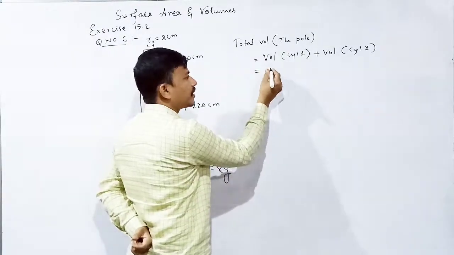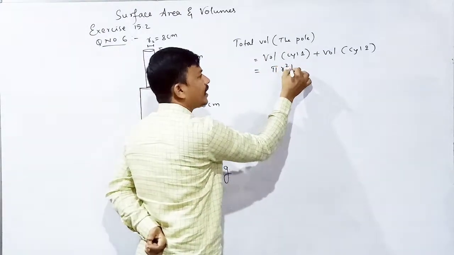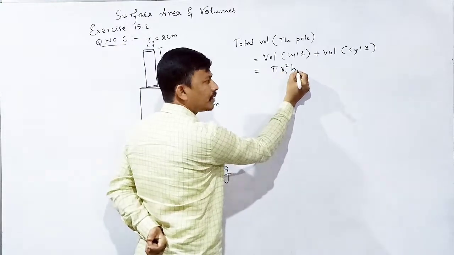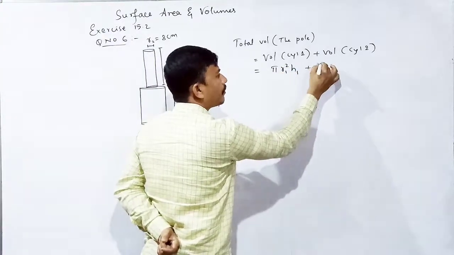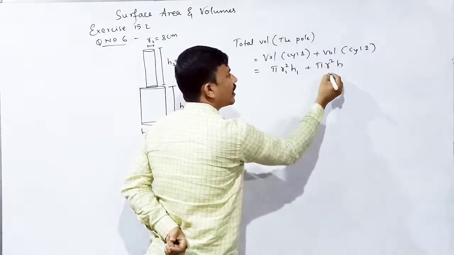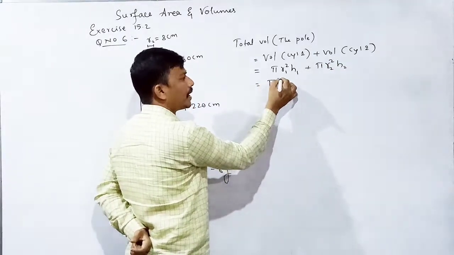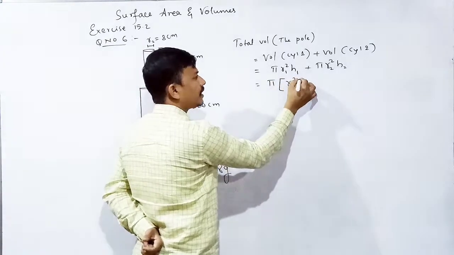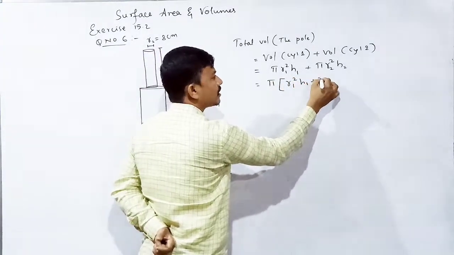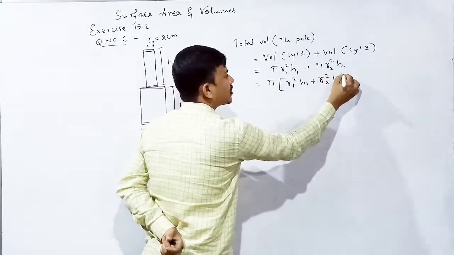What is the volume of cylinder formula? Pi r square h, r1 h1, plus pi r square h, that is r2 h2. What is the common thing here? Pi in bracket r1 square h1 plus r2 square h2.